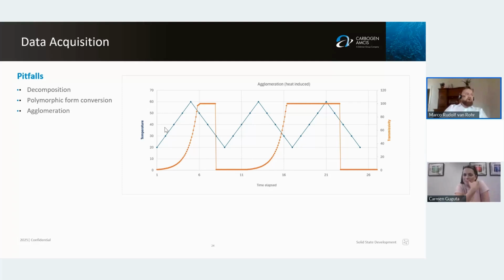So if we see something like that, we suspect agglomeration. We stand next to the machine, we take the vial out, and we see the snowballs flying around.